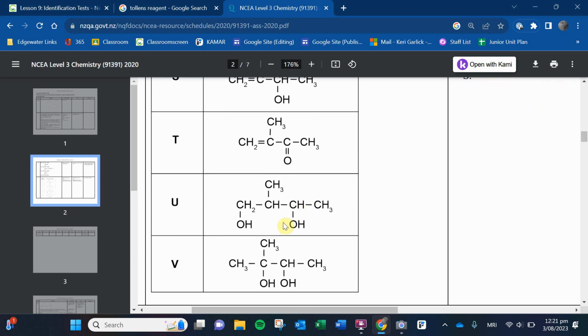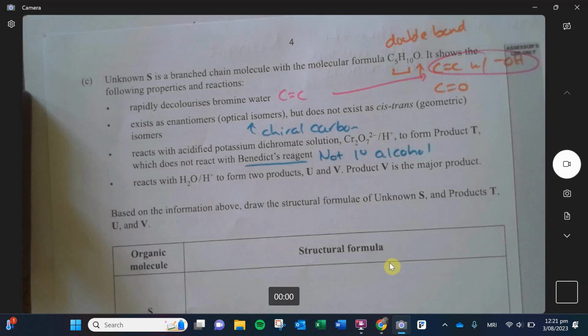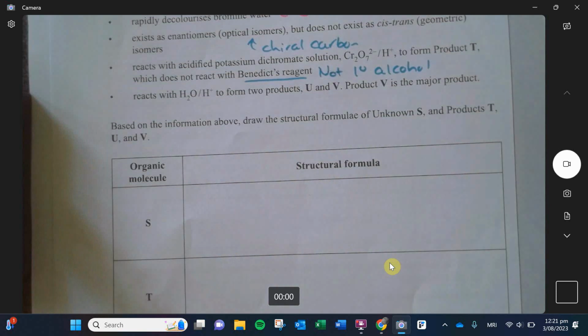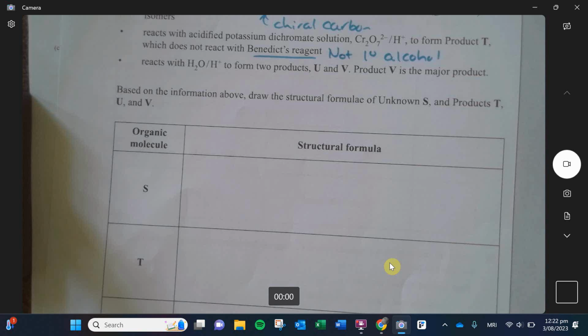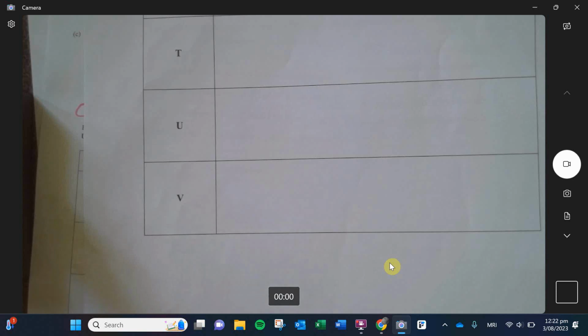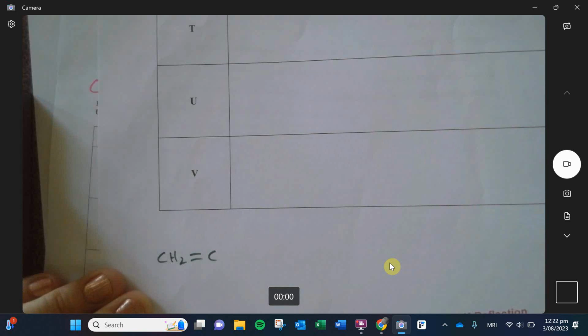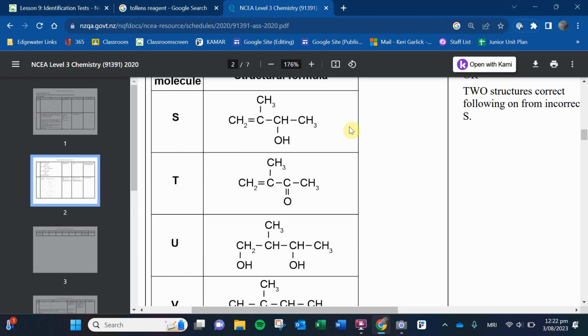Now, I want to talk about what products U and V are because we haven't had a chance to do that yet. So it reacts with water to form products U and V is the major product. Let me explain what that is referring to because we haven't talked about Markovnikov or Zaitsev's rule before. So when I'm looking at this molecule, let me get the original S down.